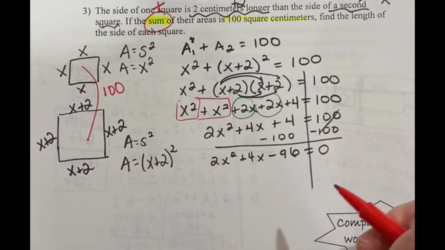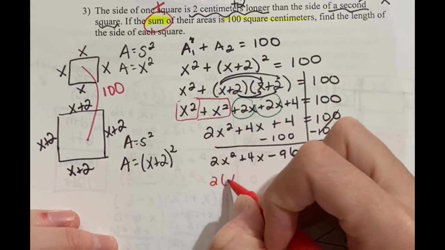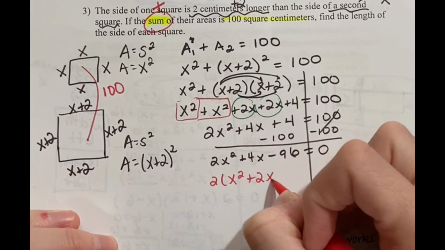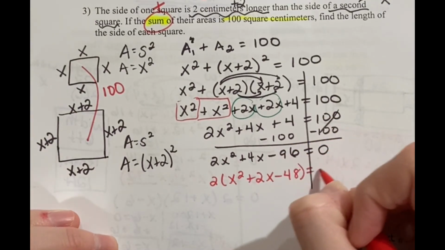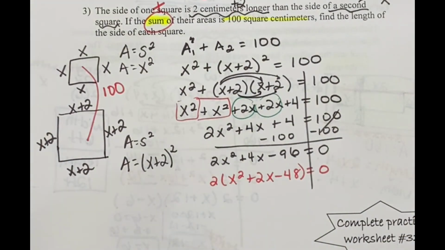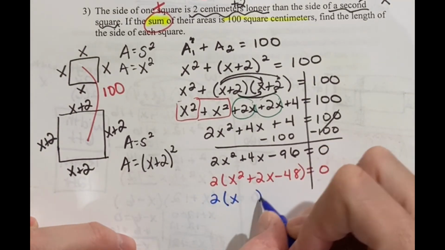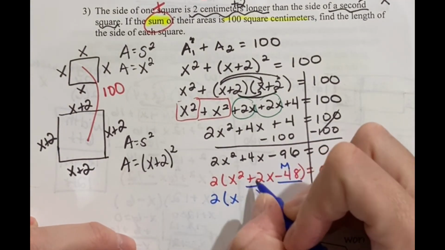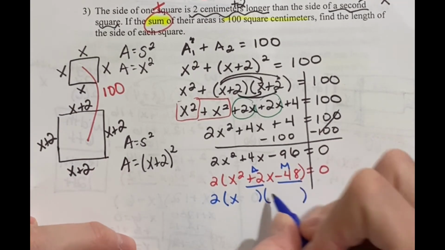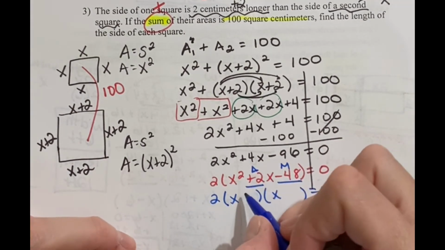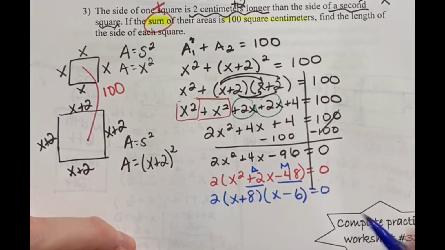So I'm going to factor out my 2, and I'm left with x squared plus 2x minus 48 equals 0. Then we need to do trinomial. So when we do trinomial, we're going to find that what we need to multiply to negative 48 and add to 2. And I realized that that would be a positive 8 and a negative 6.